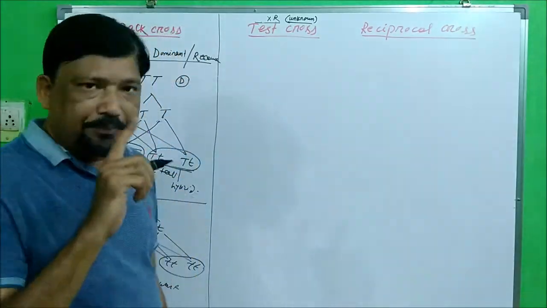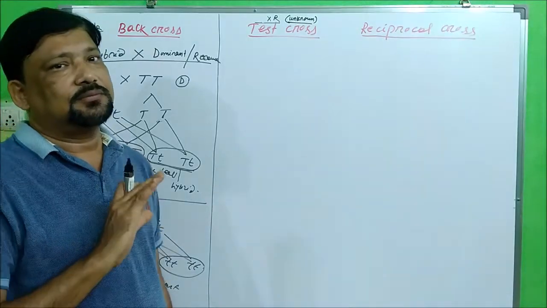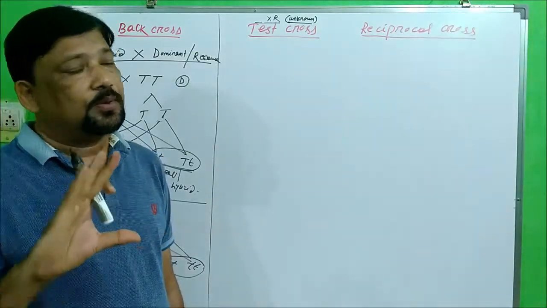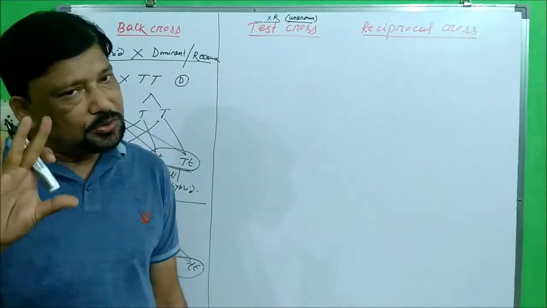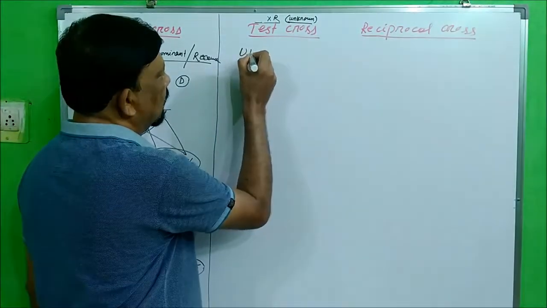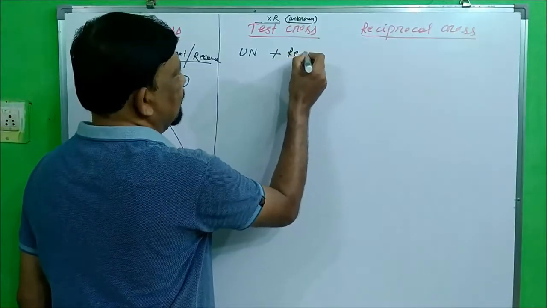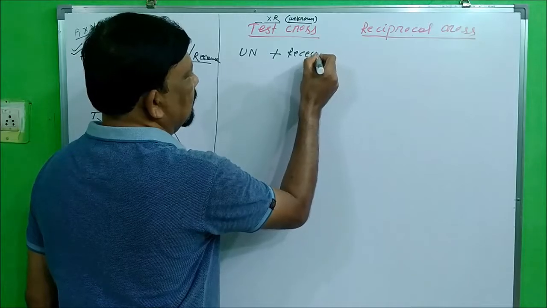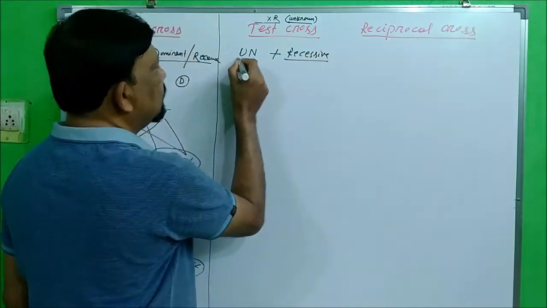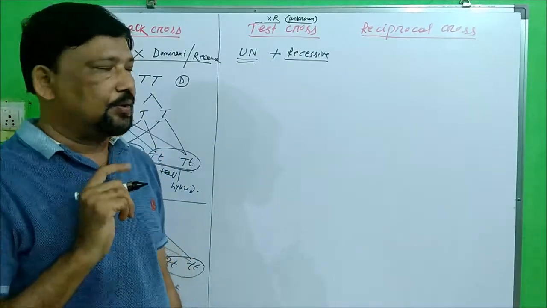For example, if a plant is given to you whose genotype is not known, and from which generation it is from is also not known to you. So it is an unknown variety. When an unknown variety is crossed with a recessive parent, it is called test cross.